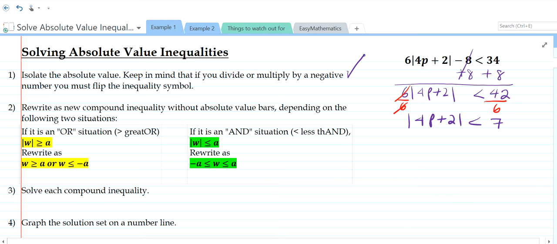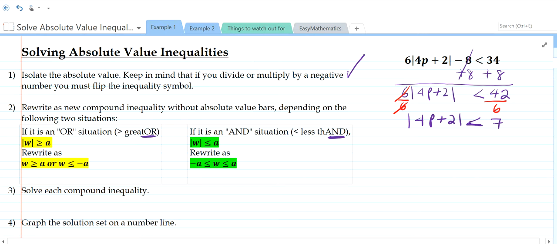Step 2, rewrite as a new compound inequality without the absolute value bars. So this depends on whether we have what I call a less than situation, which means it's an and situation, or a greater than situation, which is an or situation. These are just little tricks to teach us whether we write it as an or statement or an and statement.